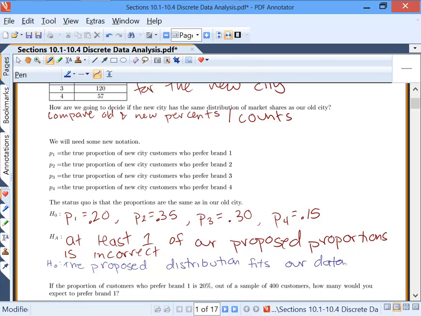Hence why it is called the chi-square goodness of fit test. So our whole idea behind this is, is the proposed distribution a good fit for our data? Now that implies that my proportions are 0.2, 0.35, 0.3, and 0.15 because that is our proposed distribution. And the alternative to that would just be that the proposed distribution does not fit our data.